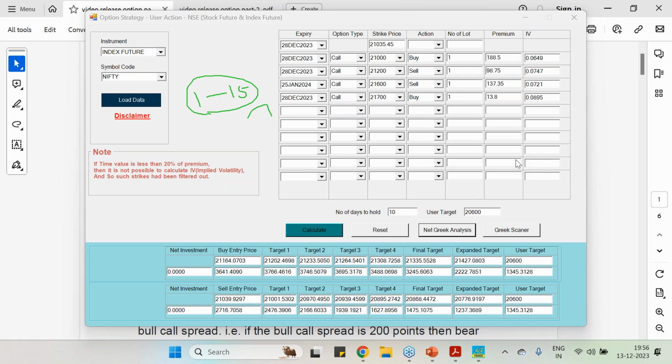We must not be in weekly options, because weekly options are again exotic. Weekly options are not plain vanilla. They are exotic in nature. So strictly no weekly options. Don't try it there. It will backfire.